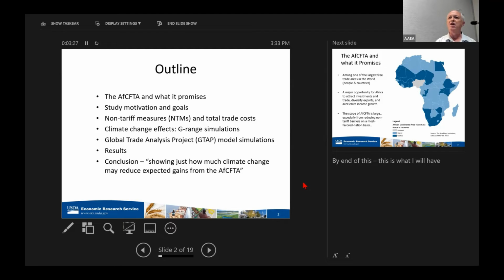Then I will pick up on what Jeff already presented, the results from the G-Range simulations and how these come into the global trade analysis, and present some of these results. In conclusion, I'll show how climate change will not only reduce the expected gains from the AfCFTA and affect production and trade in Africa, but that the AfCFTA itself may actually help mitigate some of this.